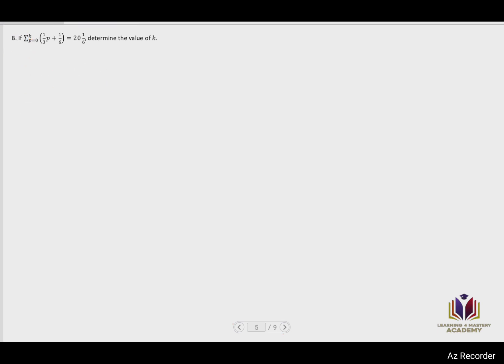Now I hope that I explained that well. Let's now jump into the question. The question says if the sigma, the general formula, this here is going to be the general formula of this particular series, and the sum of this is equal to 20 1/6.